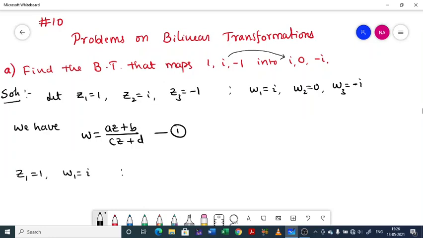If you substitute this, i equal to (A plus B) divided by (C plus D). Now cross multiply and take terms to one side, and we get A plus B minus iC minus iD equal to 0. That will be equation 1.